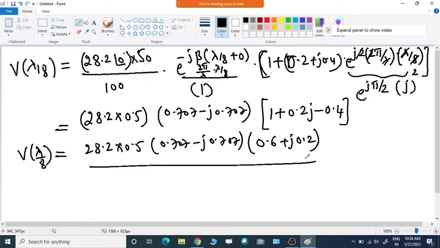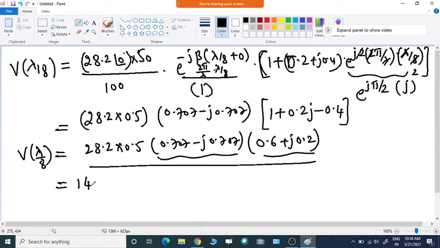Find out the value. What are the values? So first you convert this one into polar, then this one into polar.